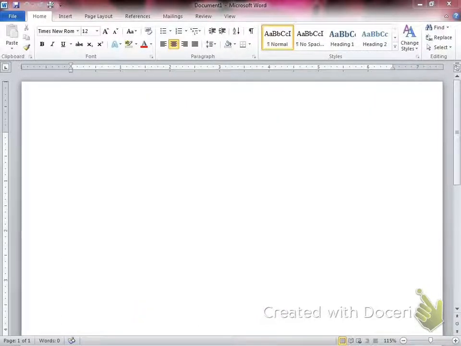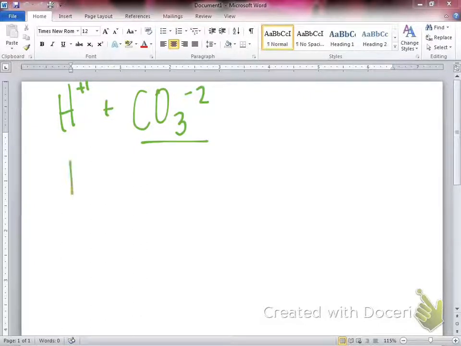So let's try a few more here. Let's try combining hydrogen and this polyatomic ion. Okay, so hydrogen is +1. And what's this molecule called right here? Carbonate. Okay, so how many hydrogens do we need to balance out carbonate?